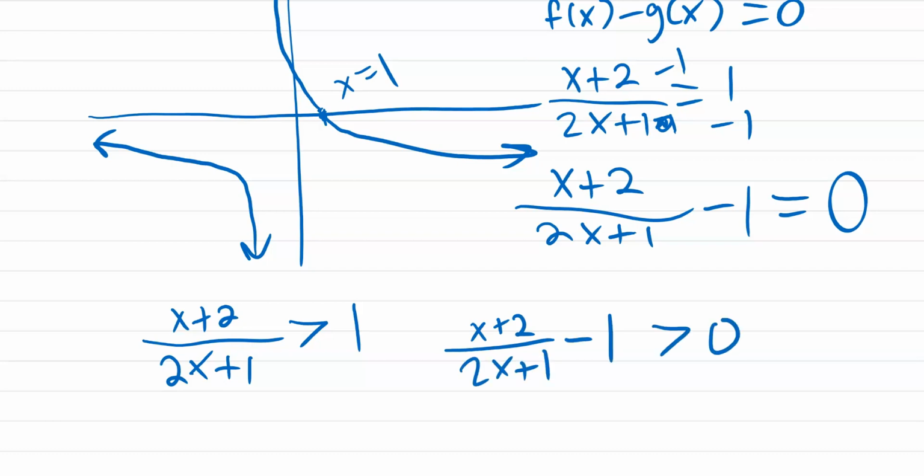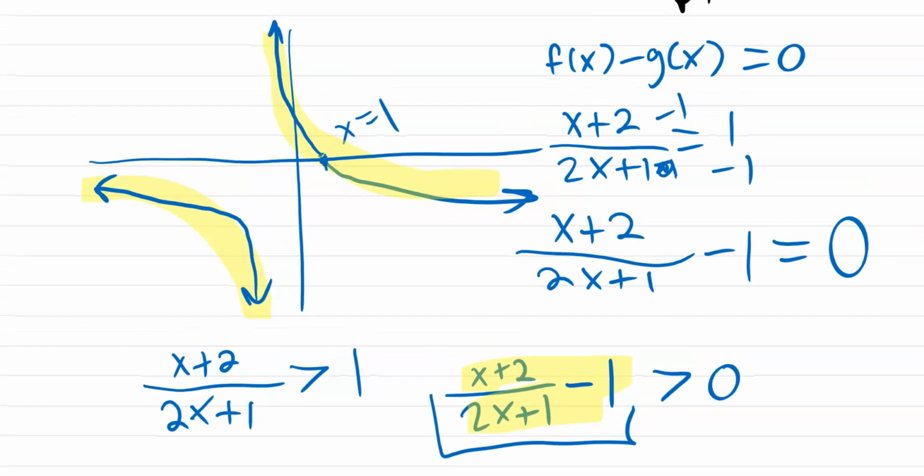Where is that greater than 0? I'm treating this as our function up here, right? So where is it greater than 0? Well, everything right here to the left of that solution, right? But it doesn't go further because down here it's less than 0. So it doesn't stay forever.